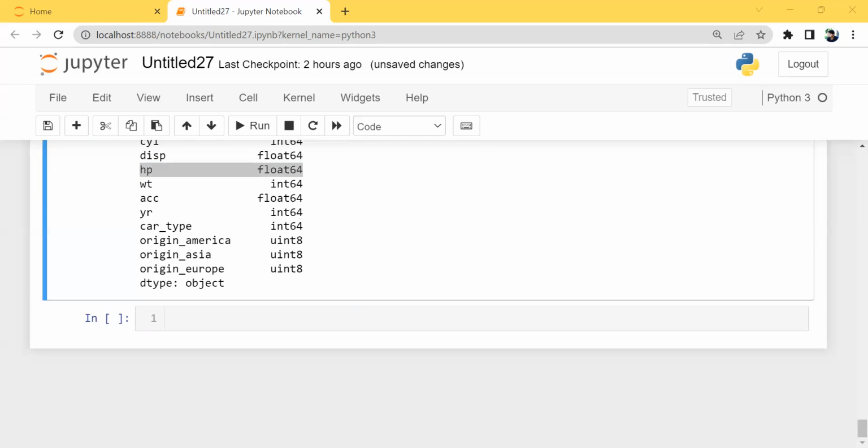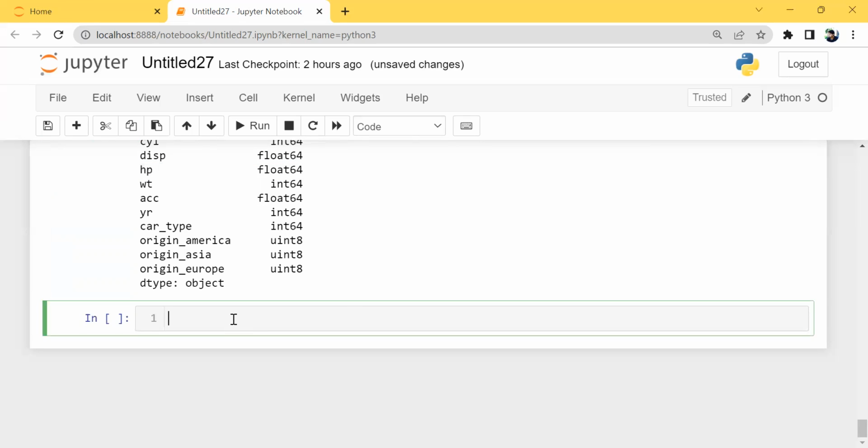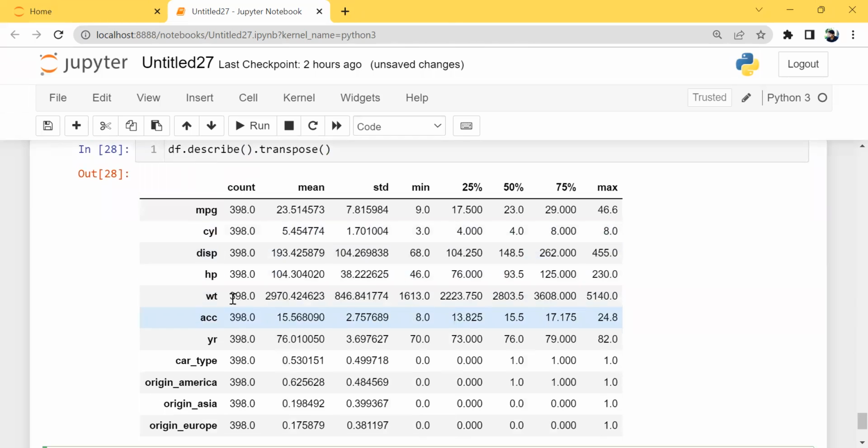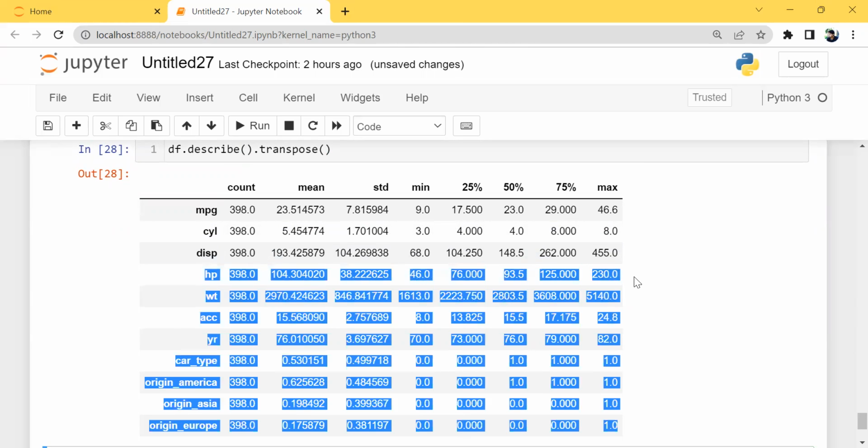So now when I try to describe, see here, now you will find this HP column has been included in our describe. Why?